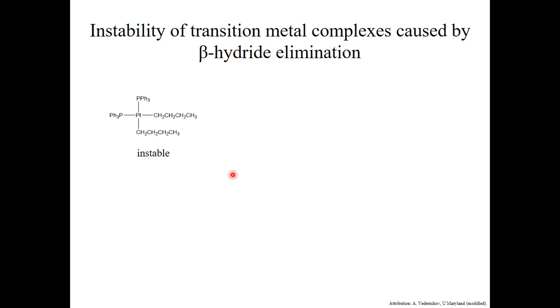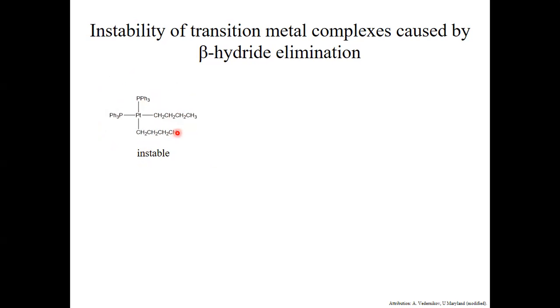So this beta-hydride elimination is actually the reason for the instability of many alkyl complexes. For instance, this platinum complex with two triphenylphosphine units and two butyl groups is unstable.